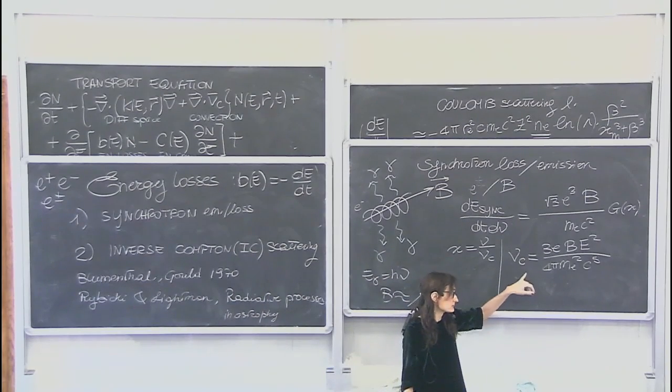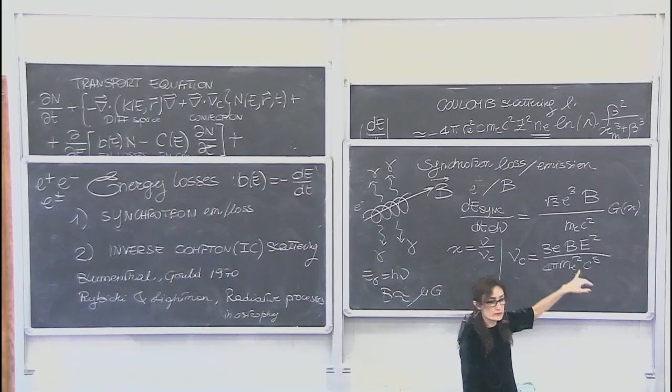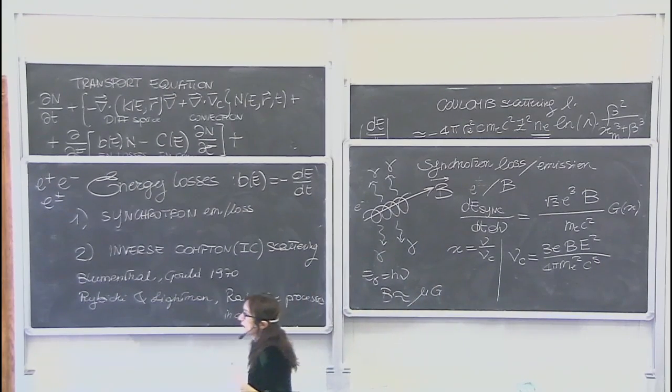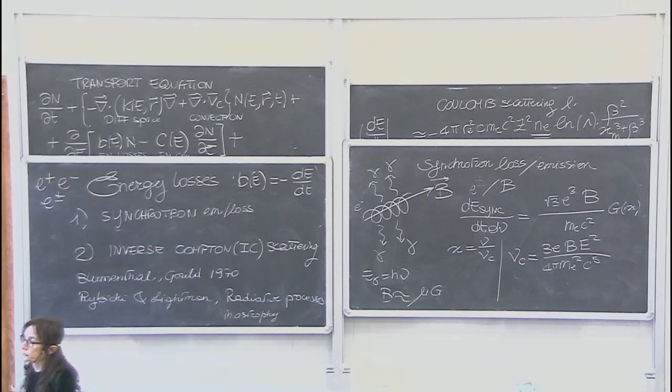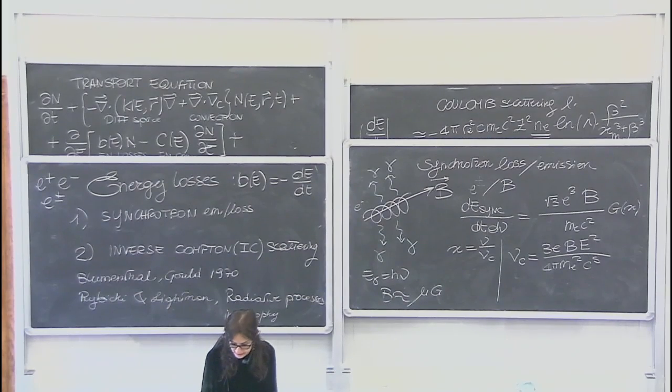You can compute the value of the frequency yourself as an exercise. You put here micro-Gauss or a few micro-Gauss, all the rest is given by tables, and you decide an energy for your electrons. That gives the result that for electrons at energies greater than the GV, for magnetic fields of the order of the micro-Gauss, the synchrotron radiation occurs at radio frequencies.